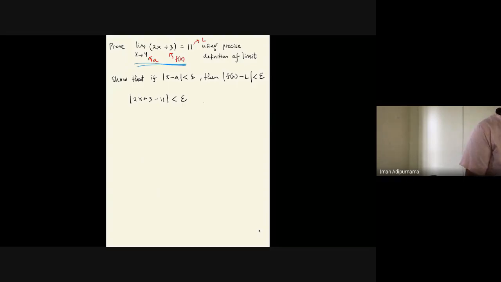And then we need to write also the distance of x. This distance should be less than the delta that we need to find.